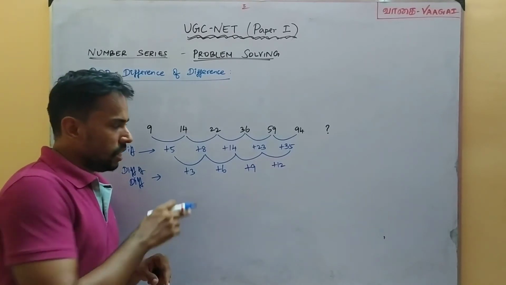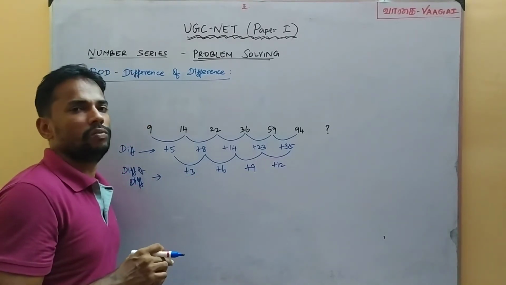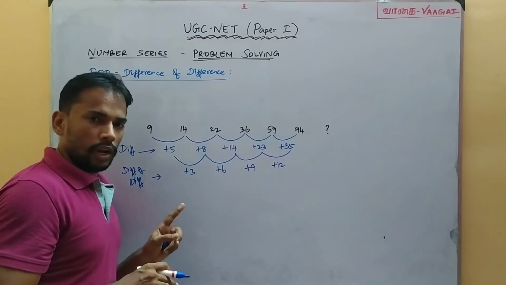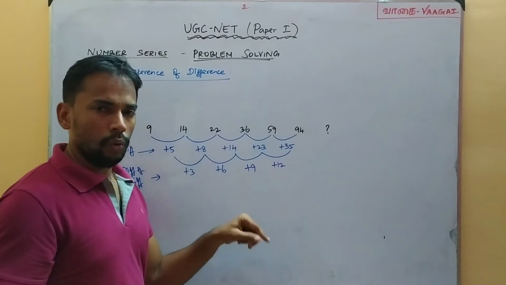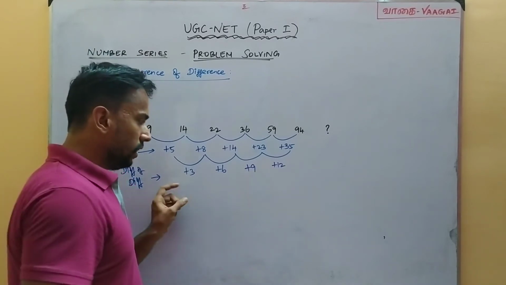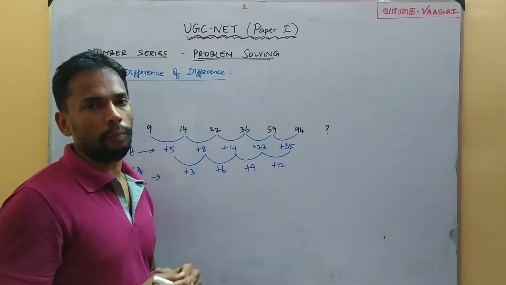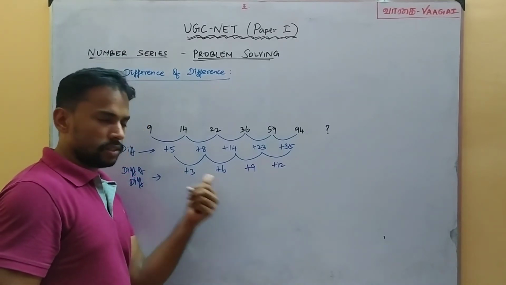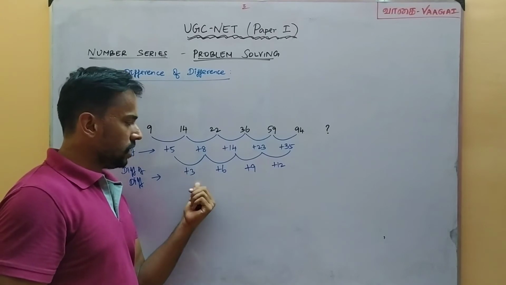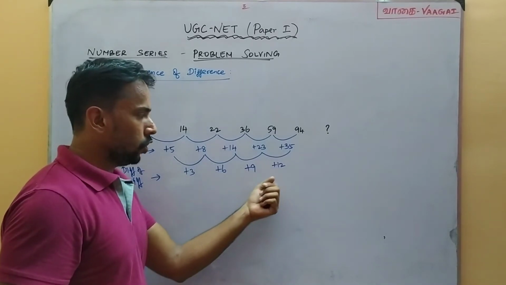Now if you see this DOD, difference of difference, check whether you are able to follow a pattern or not. This is the way we need to do this DOD and try to find whether we are able to form a pattern. Clearly, if you see these DOD numbers, we have 3, 6, 9, 12.